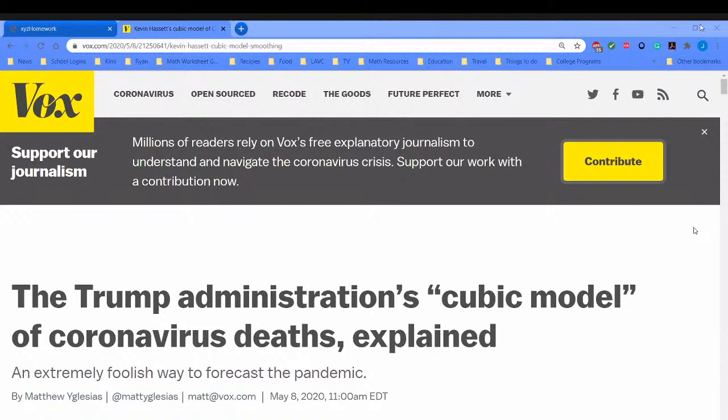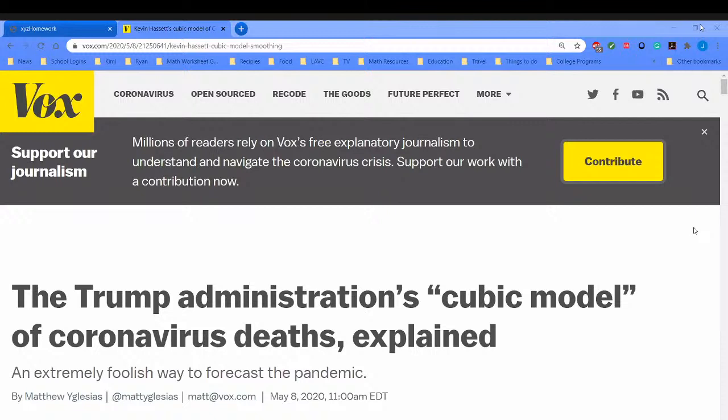What Vox wanted to do was to be an explainer site, meaning that we assume that when you come and read our article, you know nothing at all. And we're going to explain these things that are in the news from scratch. So if you want to understand anything that's on the news, and you have no background in it, Vox is probably one of the best places to start.